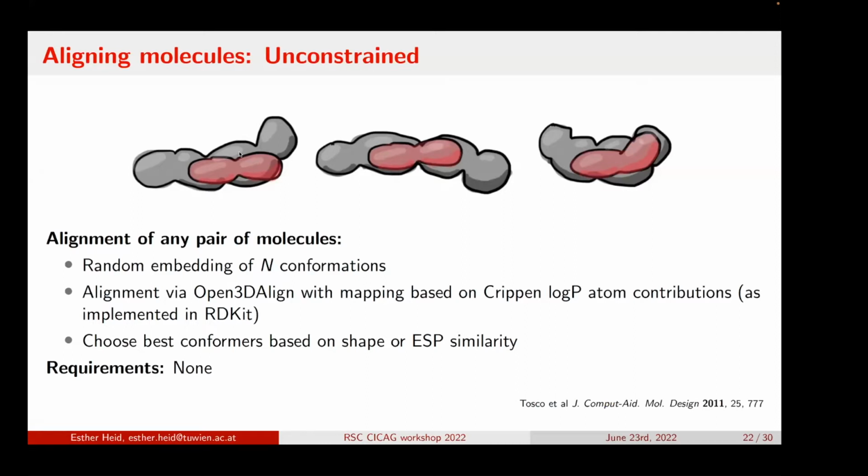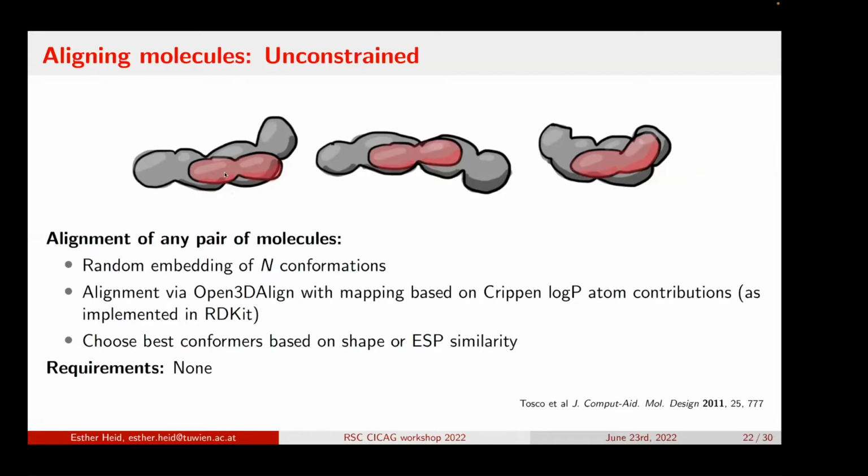It doesn't matter. And what this routine does is it randomly embeds a number of conformations for your molecule A and for your molecule B. Then it will align them via that open 3D align code from Tosco et al., which is built into RDKit. So it will try to align your molecules as best as possible.